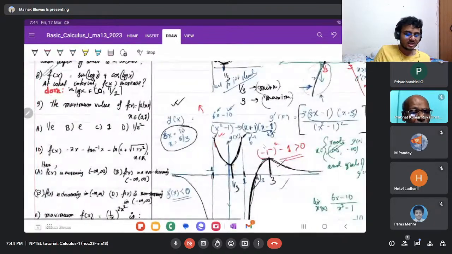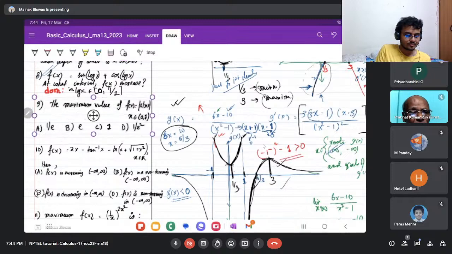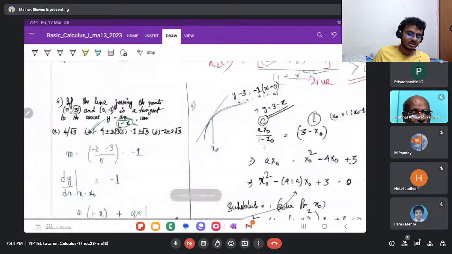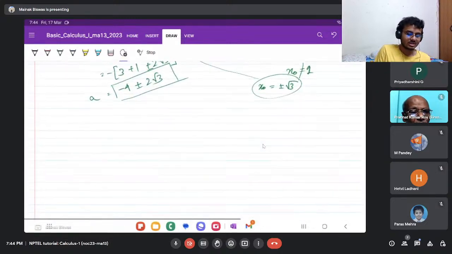The next question is the maximum value of the function x log x mod, where x is between 0 and 1. How do I solve this? Very interesting, very easy question actually. Interesting is coming after this.